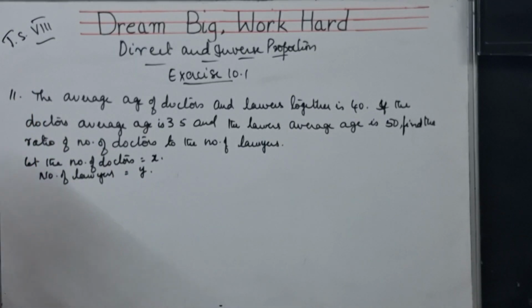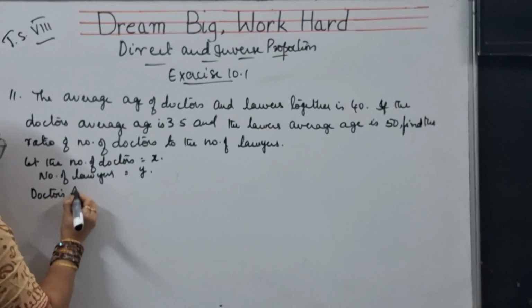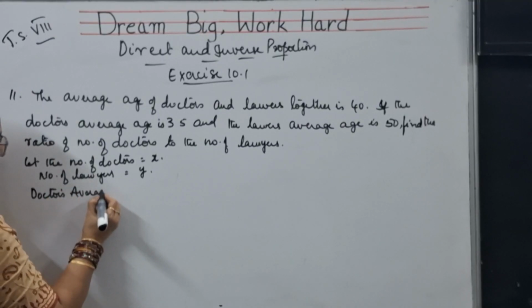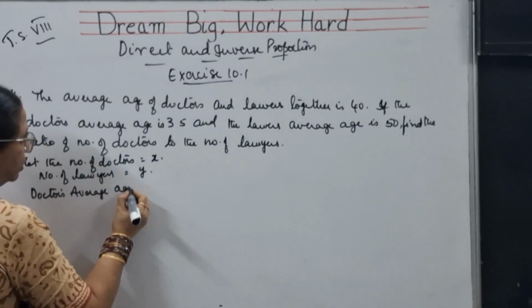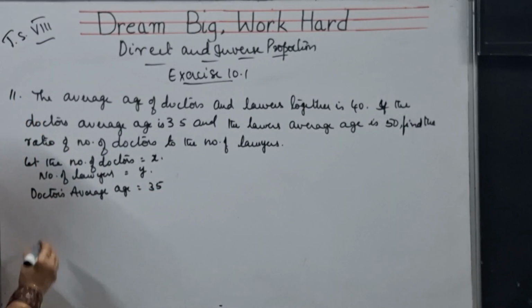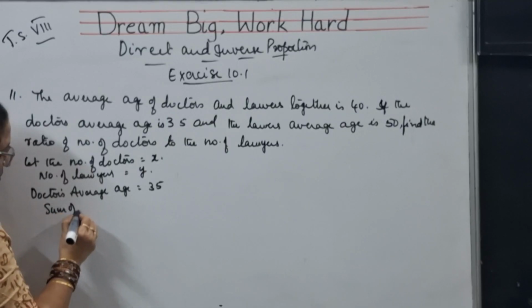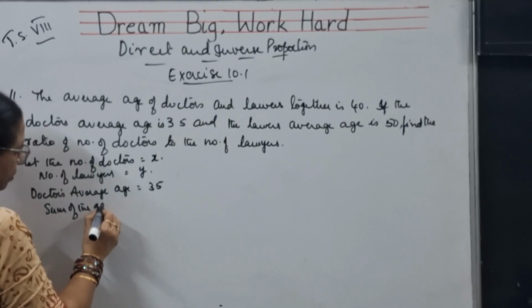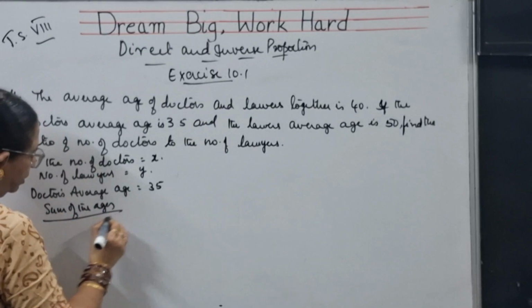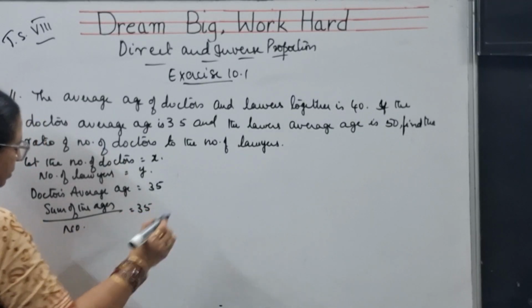Here, the doctors' average age is given as 35. That means, children, sum of the ages divided by number is equal to 35.